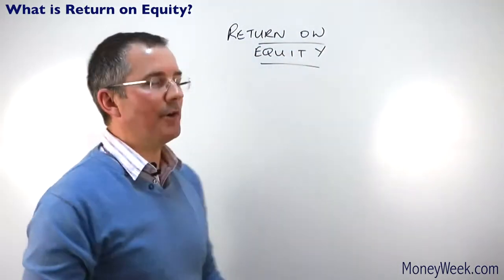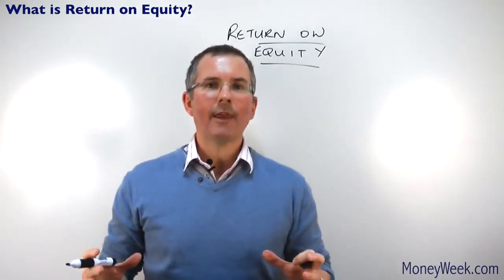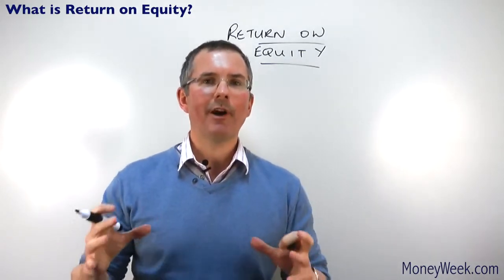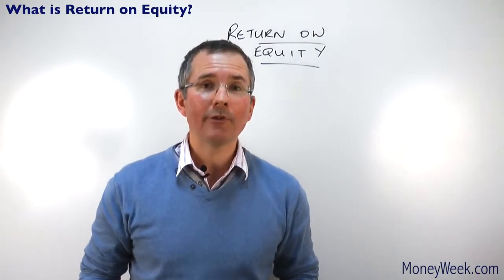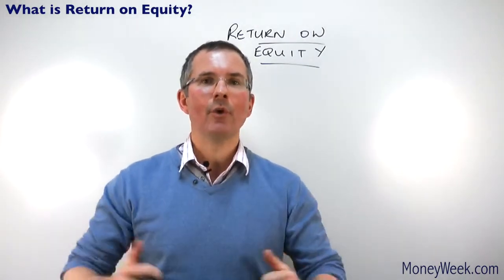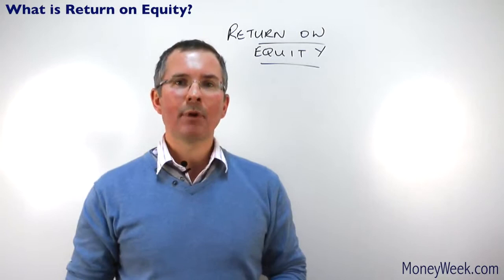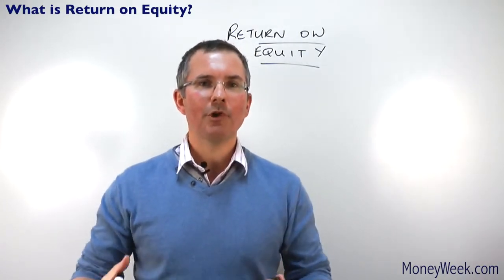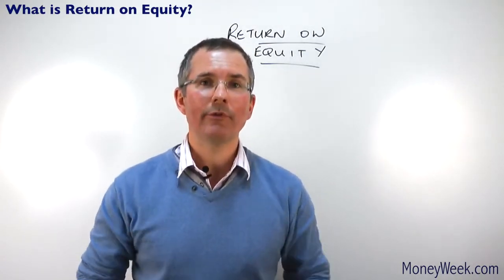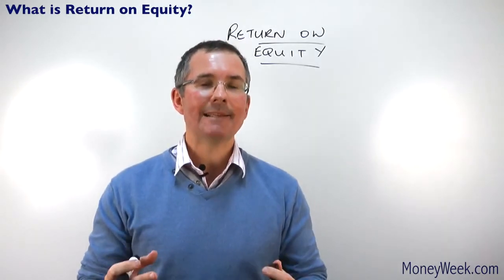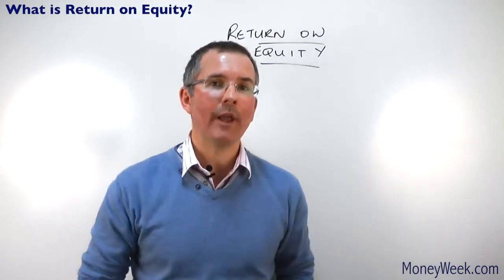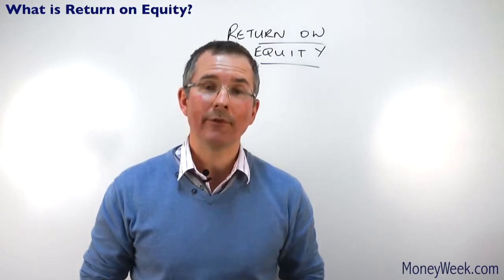Okay, and what this ratio does is essentially it takes a profit figure. It actually takes the profit after tax from a company's profit and loss account and compares it to the equity capital employed in the business. That's the contribution made by a firm's shareholders, okay? And that is known as equity capital employed or shareholders' funds, all right?